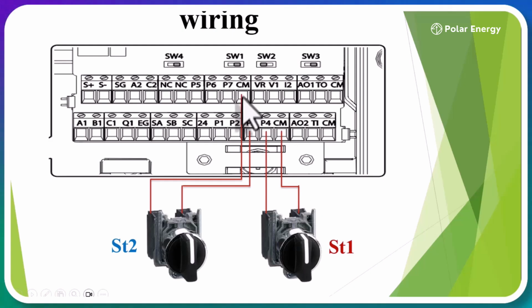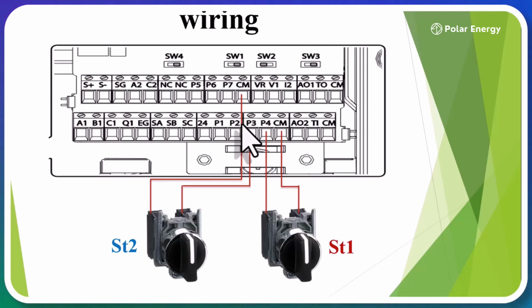We've connected the common of each switch to CM and the other terminal of each switch to the digital input terminals P3 and P4. So one digital input is P4. We connect one switch to P4 and CM, and the other digital input is P3. We connect the other switch 0 and 1 to P3 and CM.